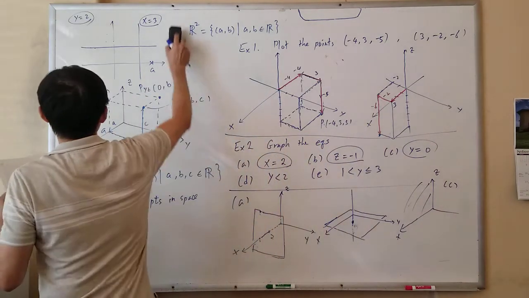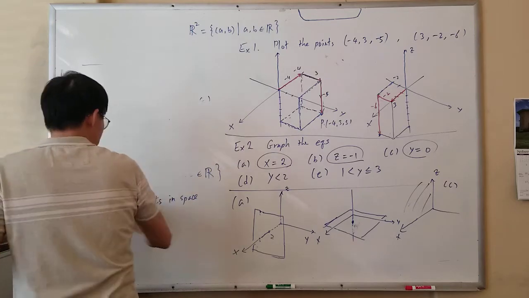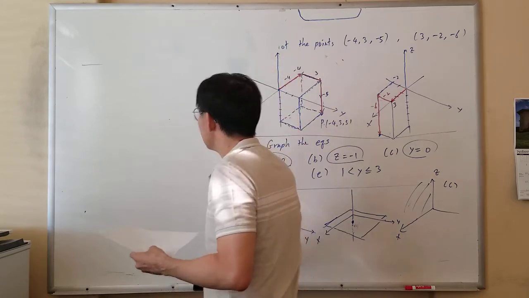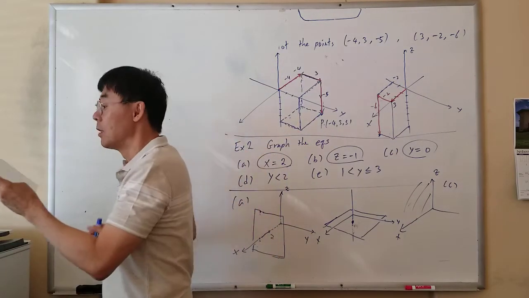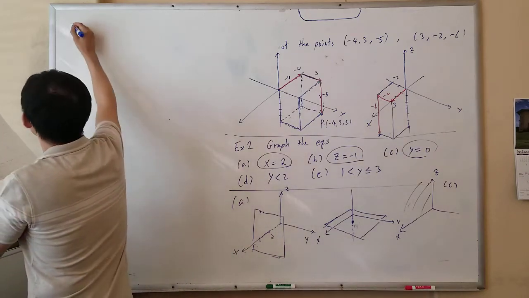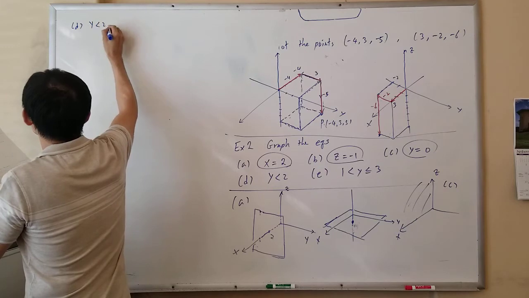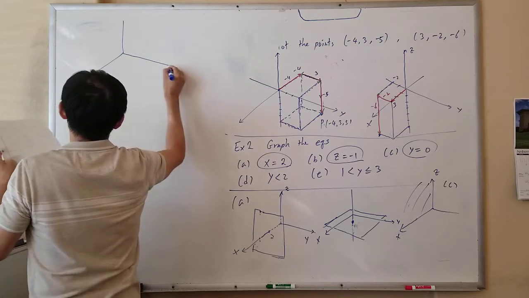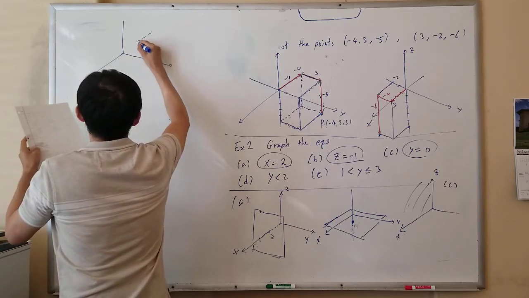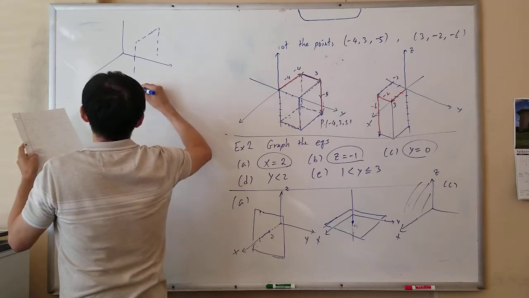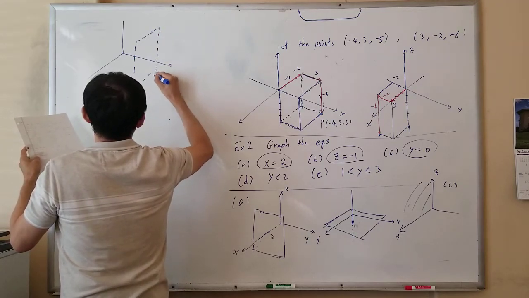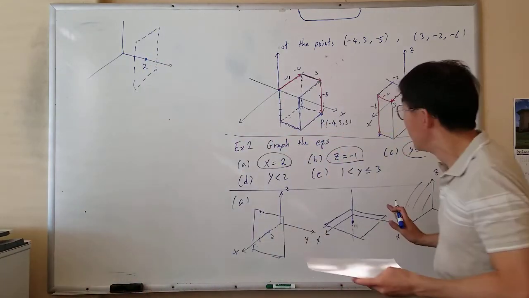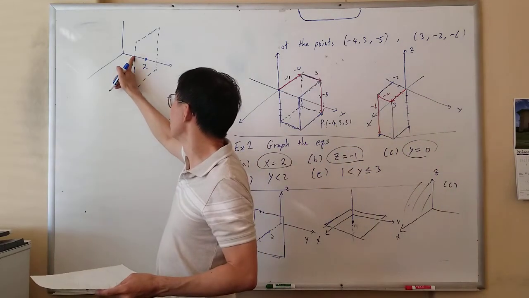And D, now, y is less than 2. Okay, I don't have to rewrite it. y equals 2 would have been a plane parallel to the xz plane going through y equals 2. y equals 1 would be going through 1.